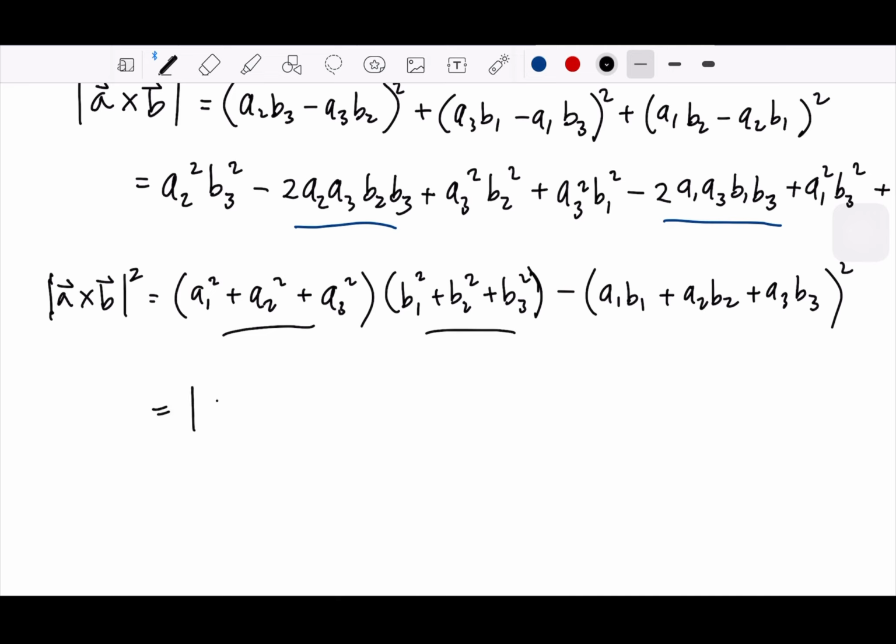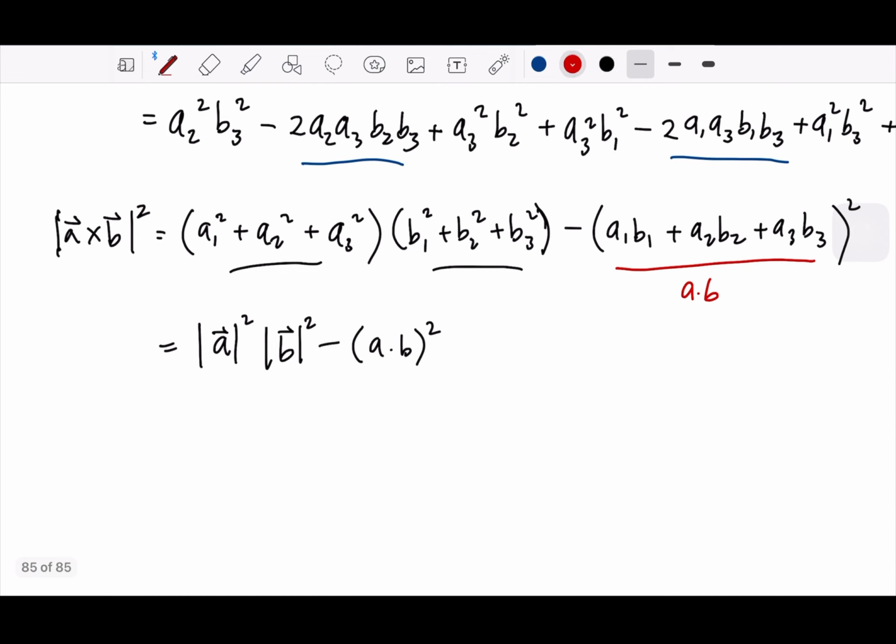This becomes our A squared, and this will be our B squared, and this whole thing here is A dot B. So we minus A dot B, and then still have it squared.